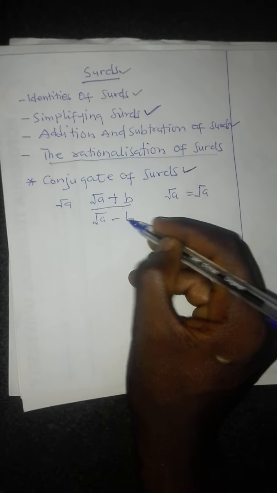Now, the conjugate of a monomial set is the same set. If you have root of a, then the conjugate of root of a is still root of what? A. Now, if you have a set like root of a plus root of b, then the conjugate of this set is root of a minus root of b.